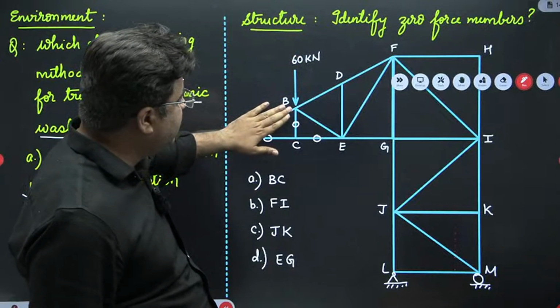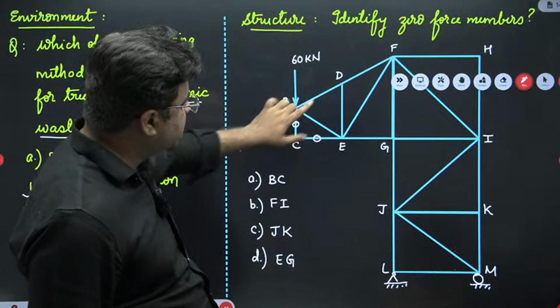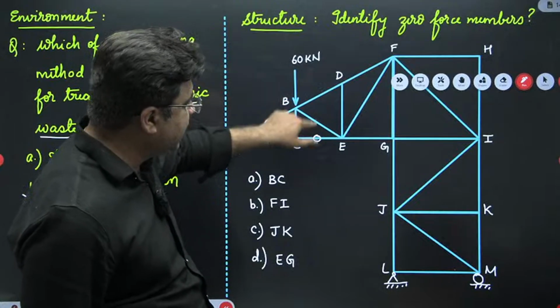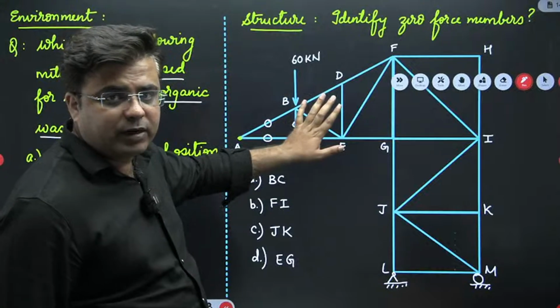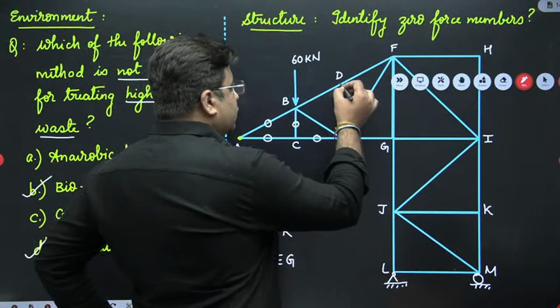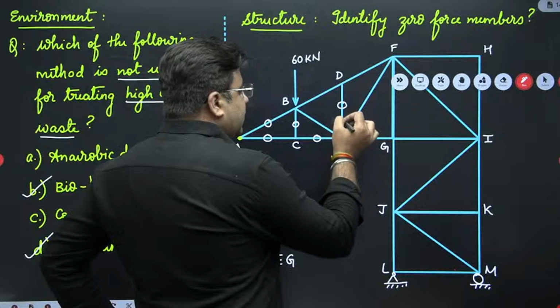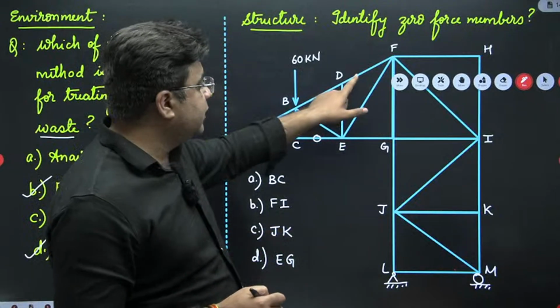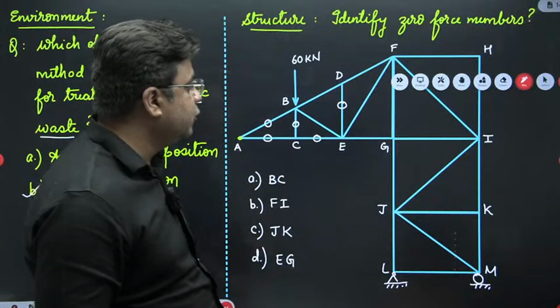Even if you hide one member, the other two are under the action of the external load, so we cannot say directly that any of them is a zero force member. Then at joint D, member DE is not in line with the other two collinear members, so it becomes a zero force member.